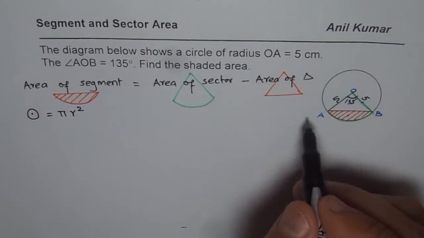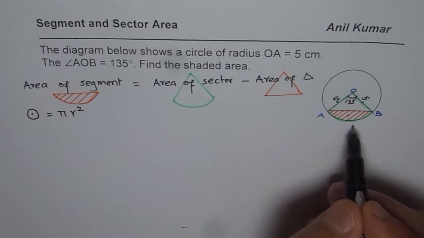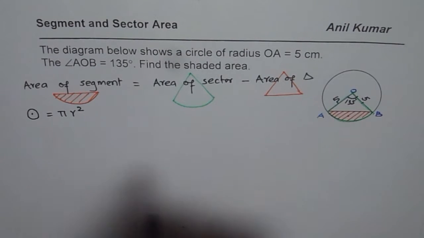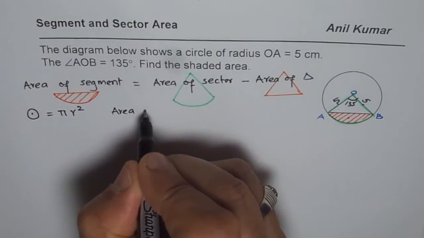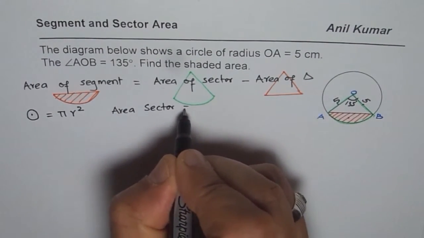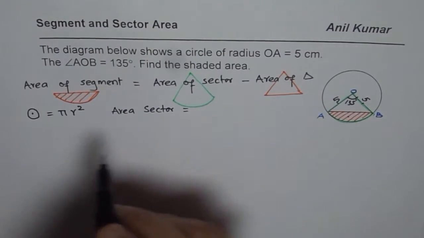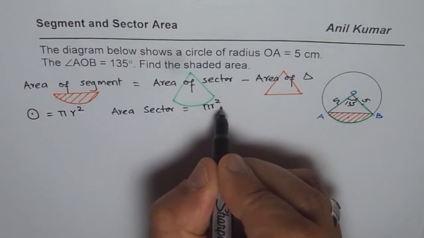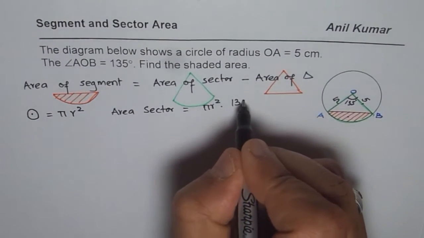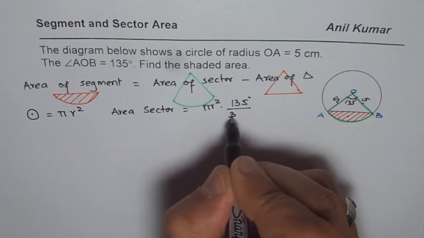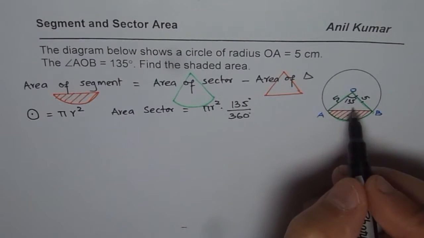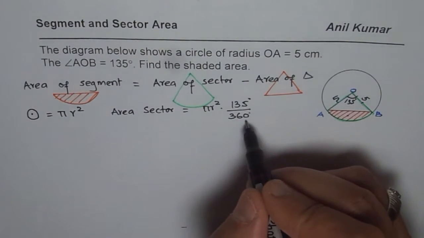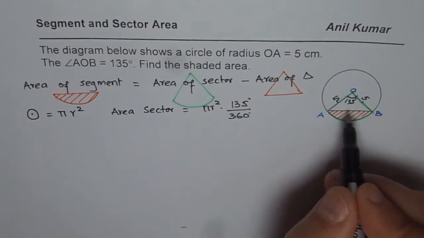We'll first derive the formula and then we can always calculate. Now out of that total area, the sector which we are interested in is for the angle of 135. So we can say area of sector is equal to the ratio of total area of the circle, which is pi r square, times 135 degrees divided by 360 degrees, right? So the concept is the whole area is divided into small angles, and then the ratio 135 over 360 gives you the area of the given sector, correct?